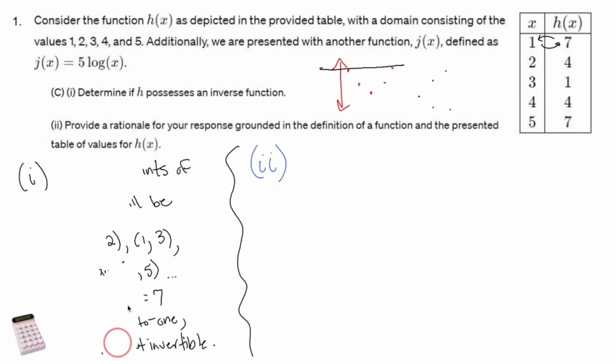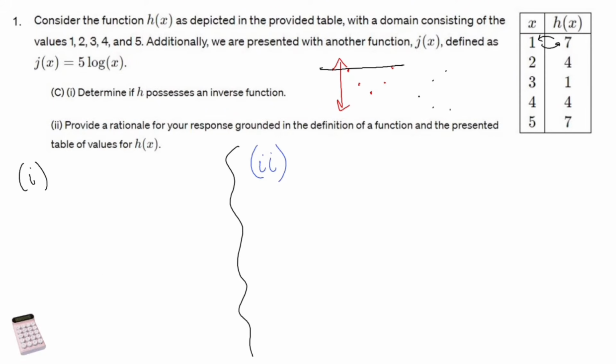And this is a good learning experience, because by drawing a rough draft, it allows me to write this a little bit better. So I'm okay with this. Determine if h possesses an inverse function. It doesn't. Okay, end sentence. Now, what does that provide? A rationale for your response to this one. All right, let's word this better.